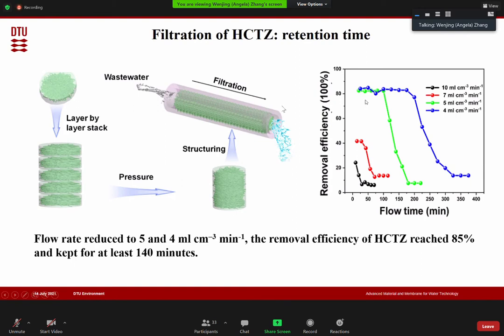But if we increase the retention time of the water inside this filtration zone, then within about 440 minutes, it can last with a removal efficiency of about 85%. Of course, beyond such a duration, saturation of the LDH happens, so the removal efficiency goes down. Then what do we do?